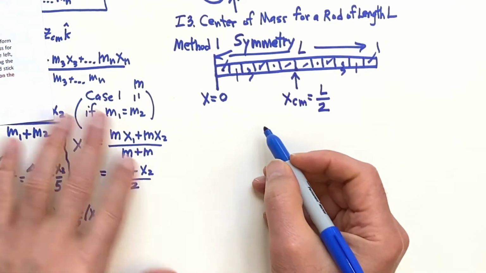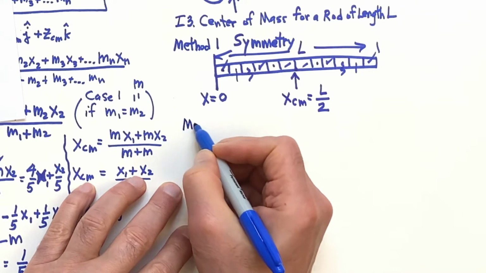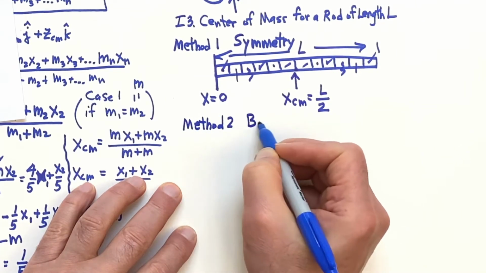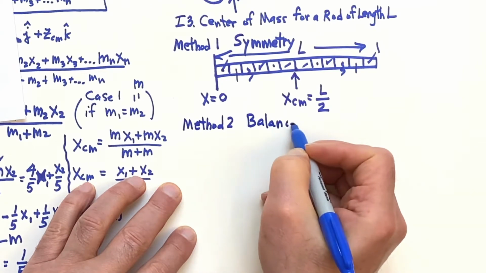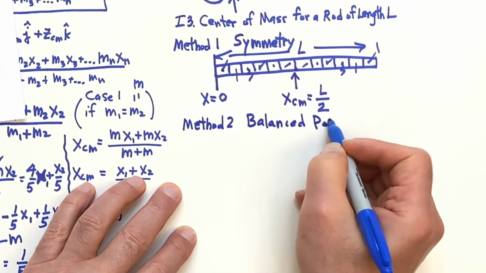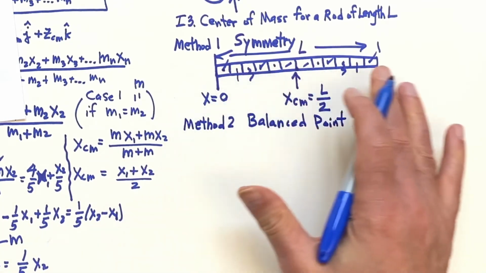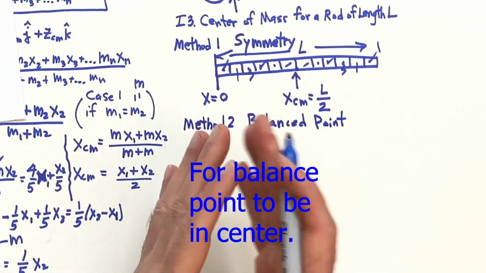Now the second method, I mentioned this in the earlier section, the balance point. The center of mass can be thought of as the balance point, and that's assuming that the rod has the same density everywhere.